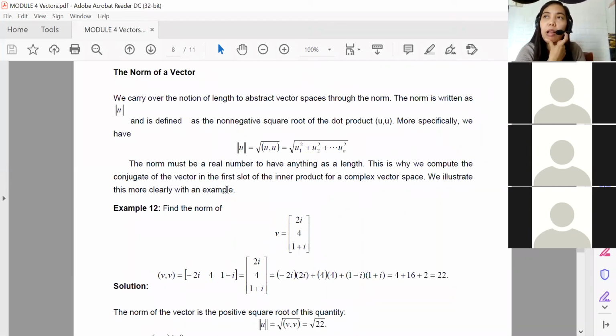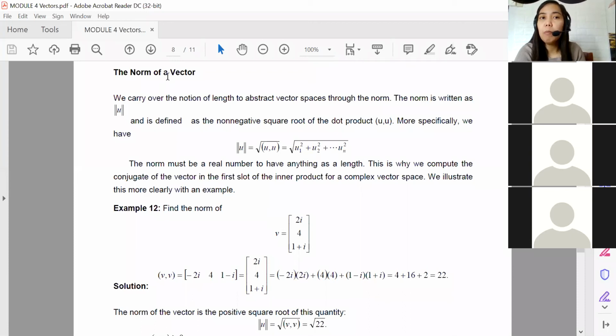Because class, as I said earlier, when we multiply a complex number by its conjugate, the answer is a real number. That is why in a complex vector space, we get the conjugate first. Once we transpose, get the conjugate. Because when you multiply a complex number by its conjugate, the answer is a real number.